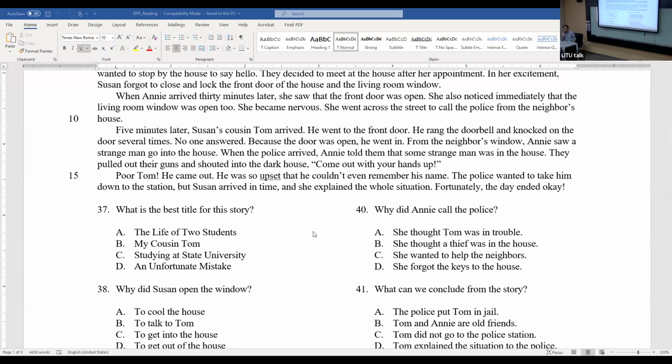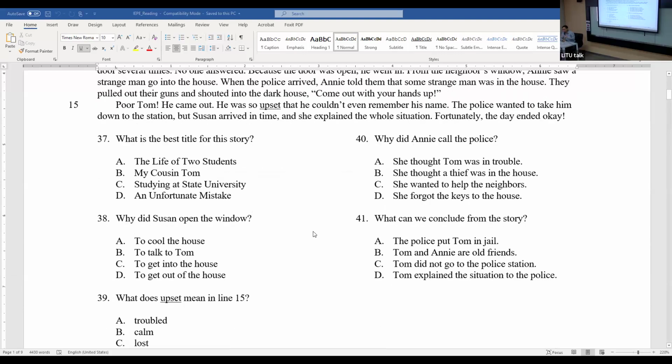I mean, this is an A2 level text, right? And it's not about inference questions, it's getting the gist of it. So I think they probably get this, right? If you're A2, even though it's marginal.